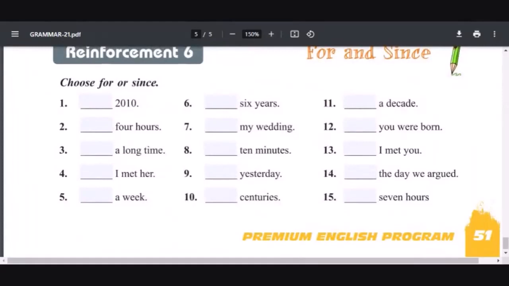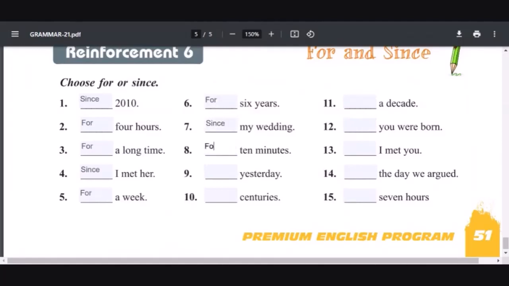Since. Since, exactly. Okay. What about number 2? For 4 hours. 4 hours. 3, for a long time. For a long time. 4, since I met her. Since I met her. 5, for a week. For a week. Okay, 6 years. For 6 years. My wedding. Since my wedding. 10 minutes.